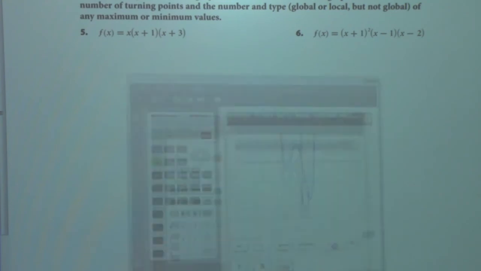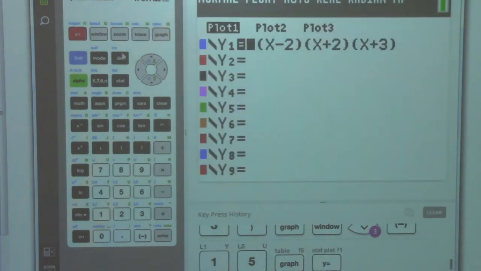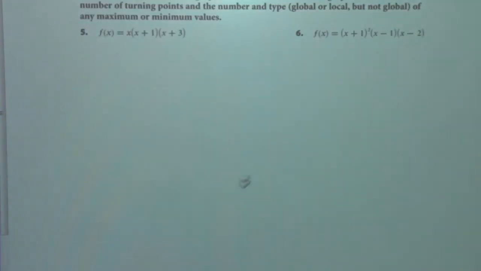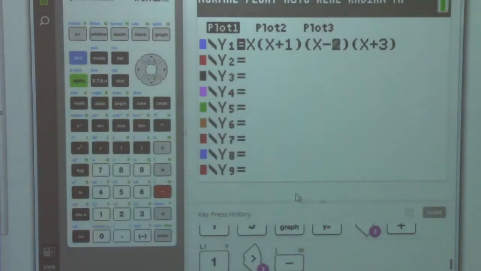So I don't know what you want to do for these. Here we have x plus 1, and then x minus, what was that? x plus 3. x plus 1, x plus 3, here we go.